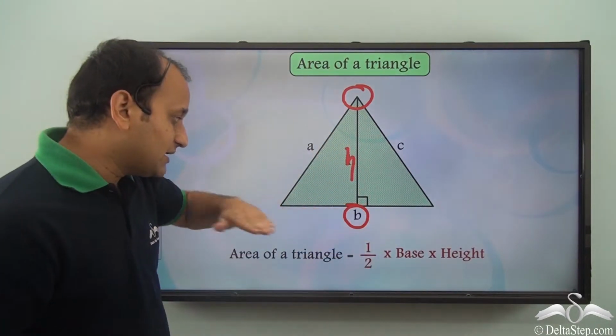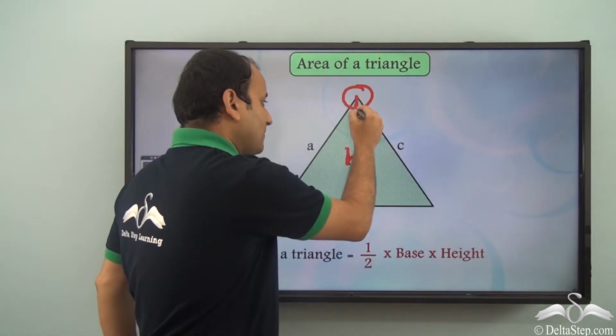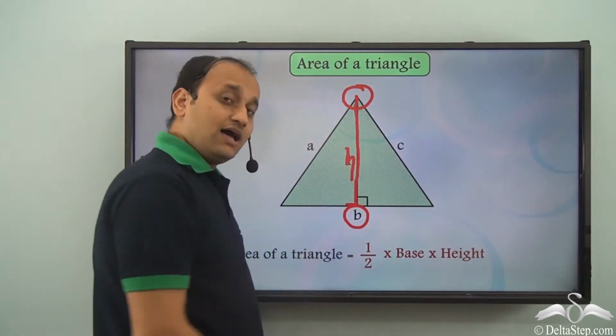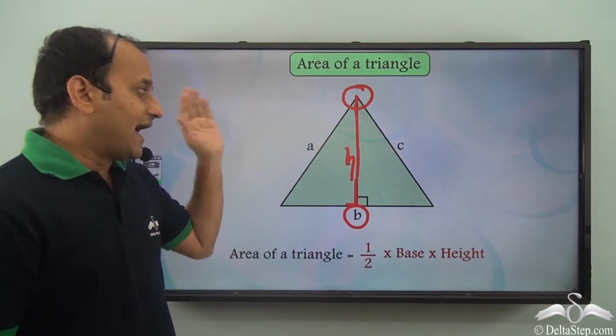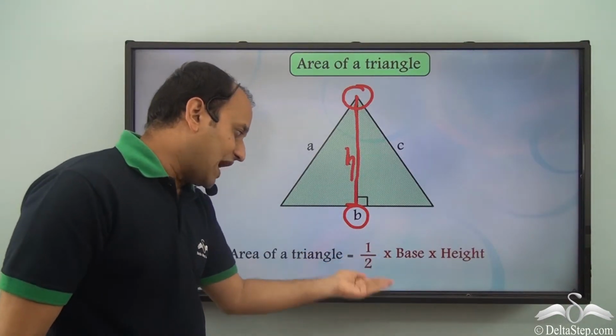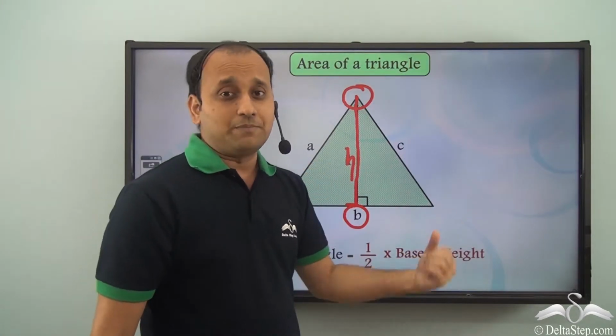So, when we consider B as the base, then this perpendicular dropped from this particular vertex to the base is the height of the triangle. And once you have these values and you multiply them, half into base into height, you get area of the particular triangle.